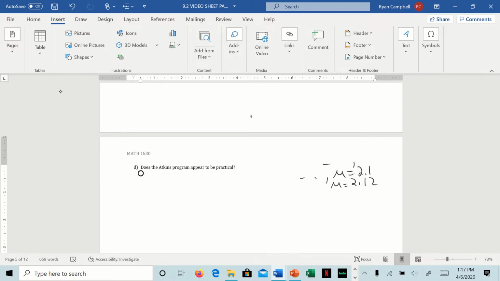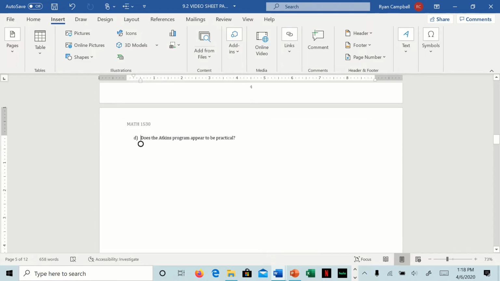Now, is it practical? Is anybody going to want it? Well, once again, our confidence interval goes from 0.8 to 3.4. So what number would be bigger than it? You could say 3.5, 5, 10, 4. These are all relatively small numbers.